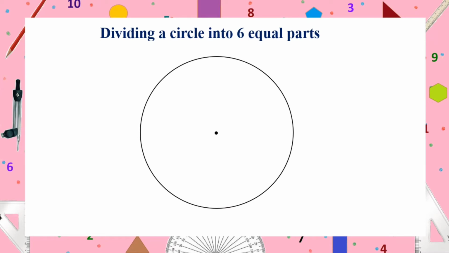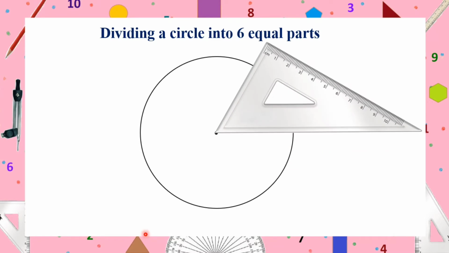So let's divide this. Draw a circle and then place this corner at the center. That is, we have to place this corner at the center point of the circle.